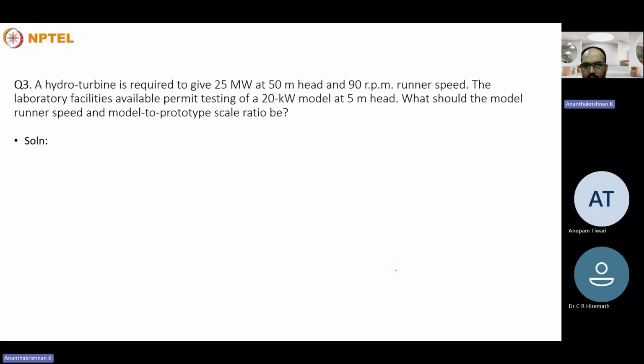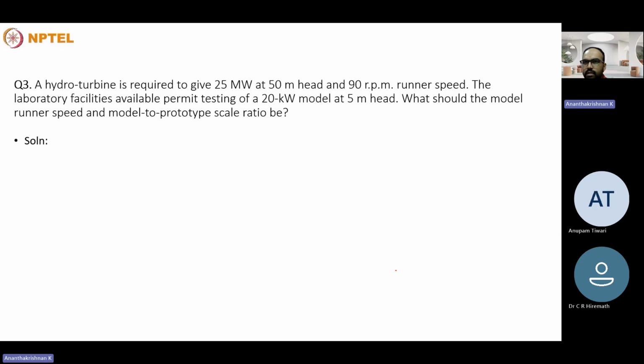So in the case of a prototype and a model, in the case of hydroturbines, that dimensionless parameter that brings an equivalence between the model and prototype is called the specific speed.